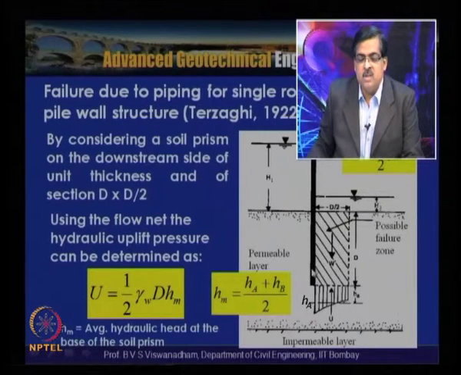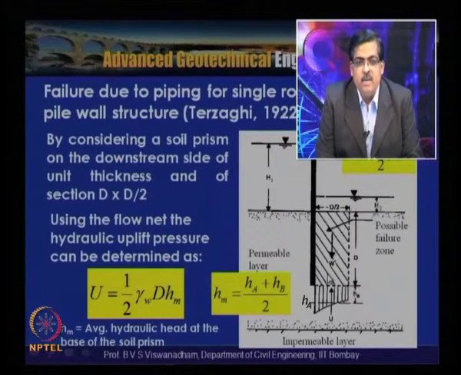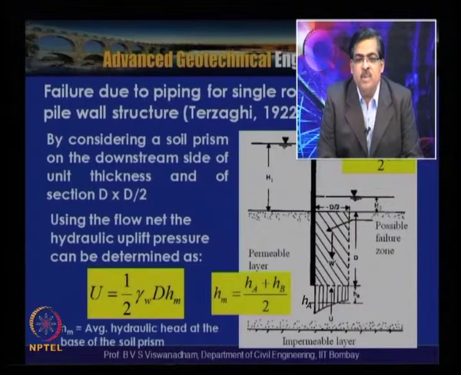This is the self weight of the prism, considering the submerged unit weight. For this, the head considered is the total head, not the pore water pressure at the base of the prism. Using the flow net, the hydraulic uplift pressure can be obtained.